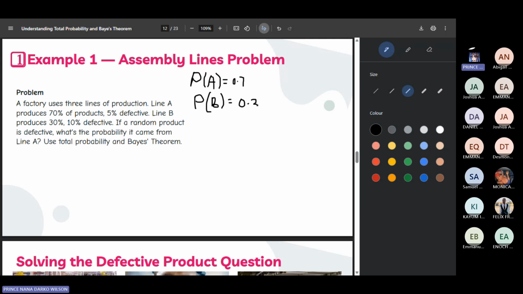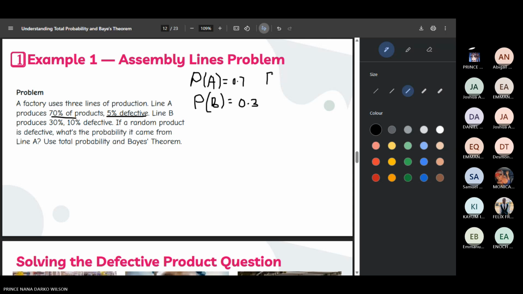It also mentions that line A produces 70% of the product with 5% defective. It means the probability of picking a product from line A that is a defective product is 5%.